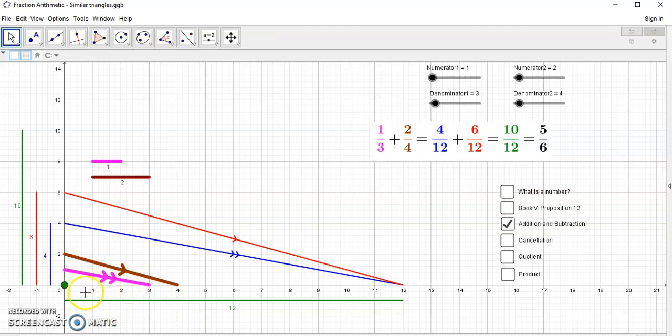If we took the pink length and the brown length and we added them, then we'd get this final green line here, okay, because it's 4 twelfths and 6 twelfths. So all we'd be doing is we'd be adding the antecedents, which are what we are measuring. And so now that gives us the method to add and subtract fractions, okay?